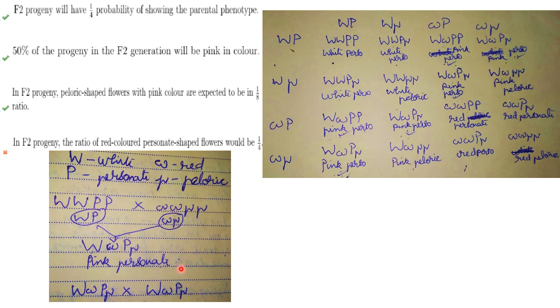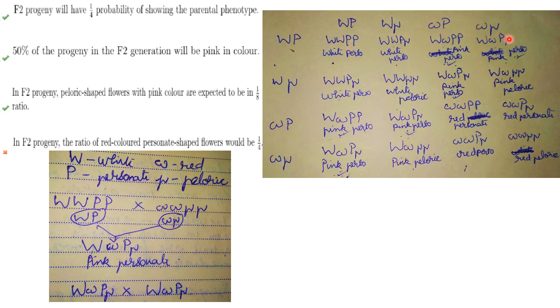Now they have asked for the F2 progeny. Now F2 progeny is obtained by self-pollinating F1. So these are the F1 parents, and these are the F1 gametes. All these are F1 gametes.